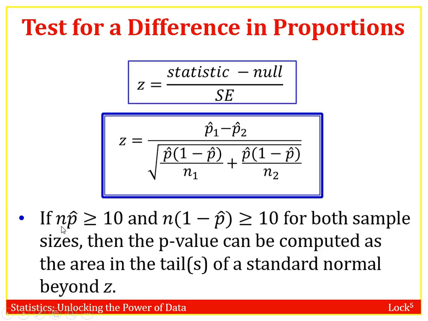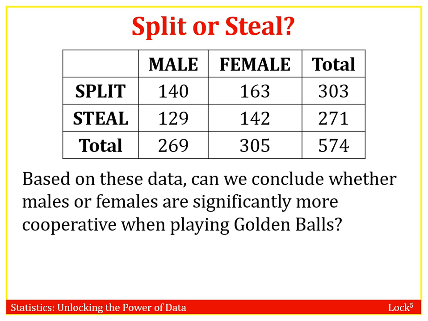Now keep in mind that your sample size times p hat has to be greater than 10, and sample size times 1 minus p hat has to be greater than 10 for both sample sizes. We talked about the conditions of that before with the central limit theorem in the last video.